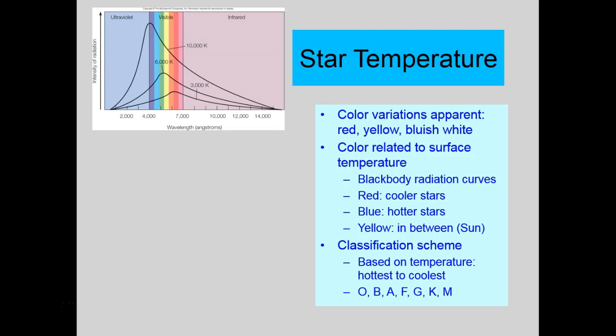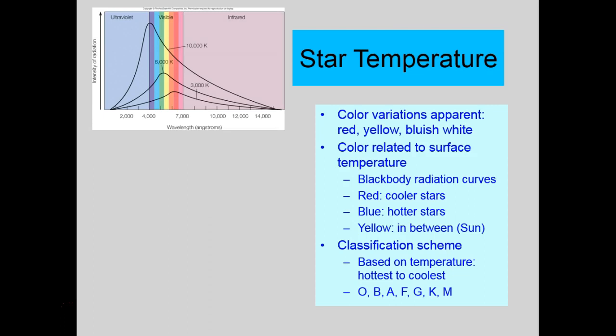This should almost ring a bell. Red, orange, yellow, green, blue, throw in an indigo and violet. Ring a bell? ROY G. BIV. This is the visible light spectrum.